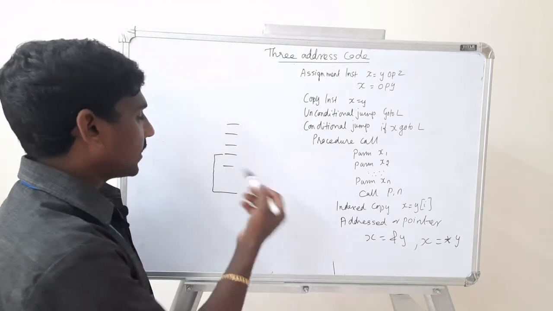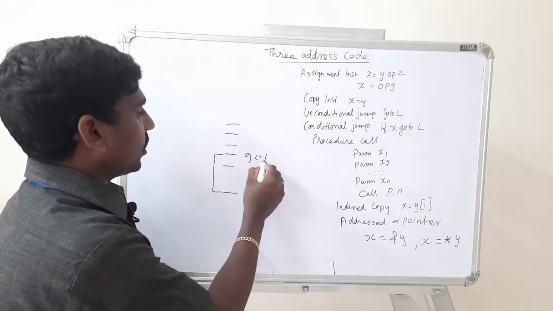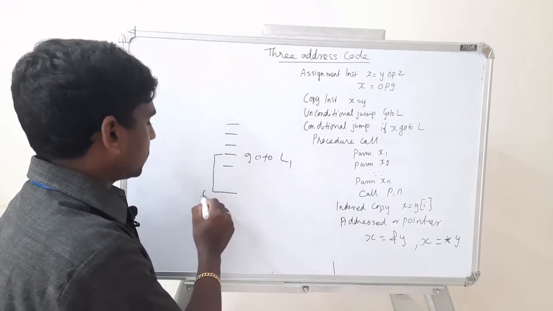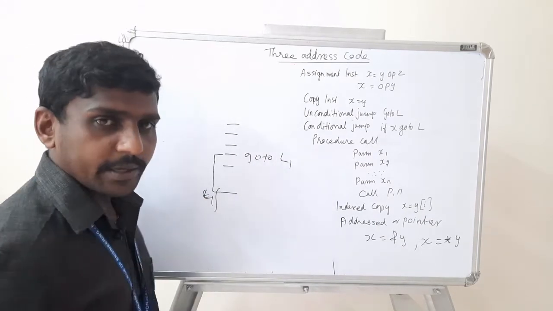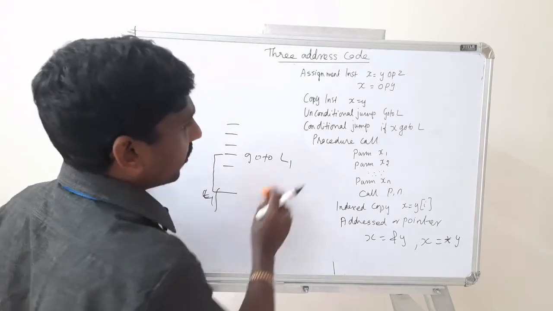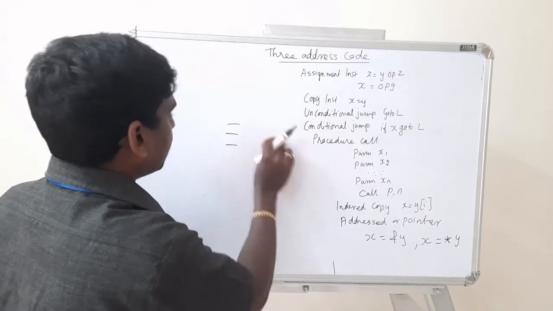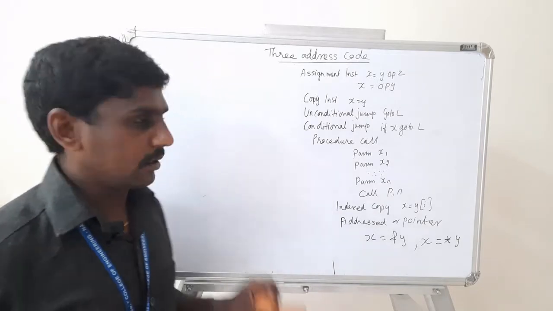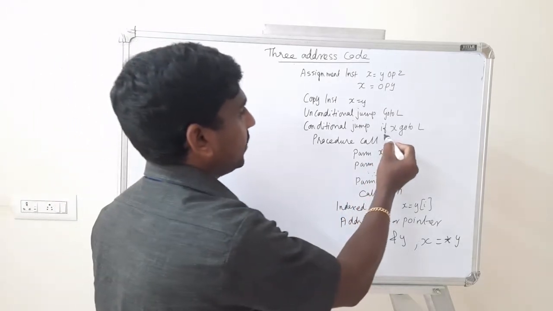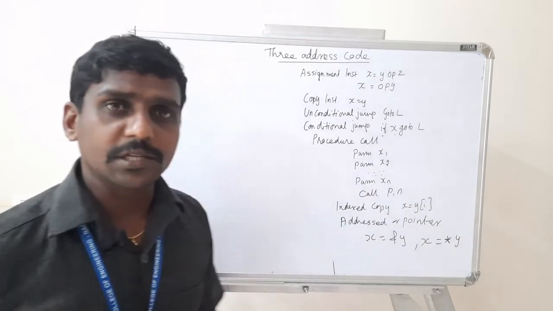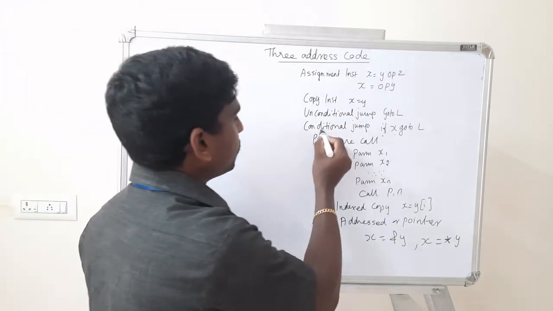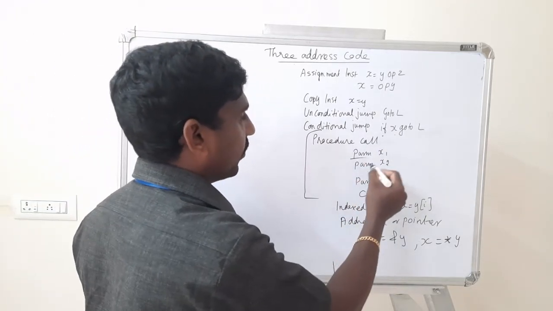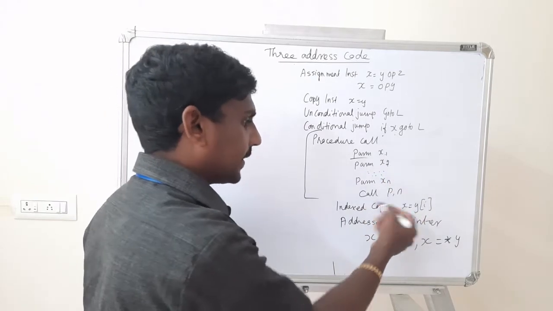For example, from here we are making the pointer jump to some other procedure. So this is unconditional jump. Simply I will use go to L1. Conditional jump means if the condition is satisfied, then go to another procedure. That is if x go to L, that is conditional jump. Clear? Then procedure call, we have param x1, x2, x3 and call p comma n.